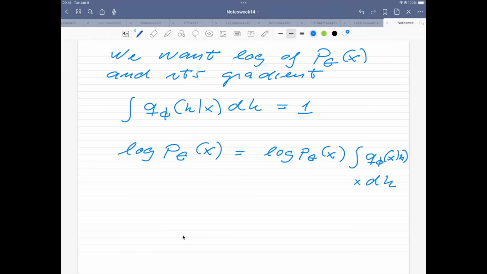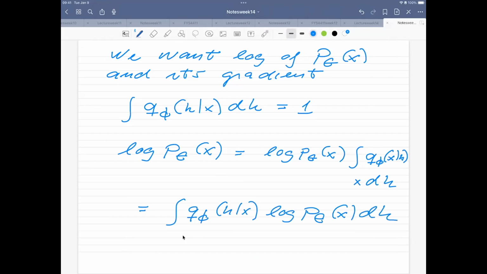That is equal to 1. Now, since p theta of x does not depend on h directly, I can rewrite this as the integral of q of phi of h given x times log of p of theta of x, dh.